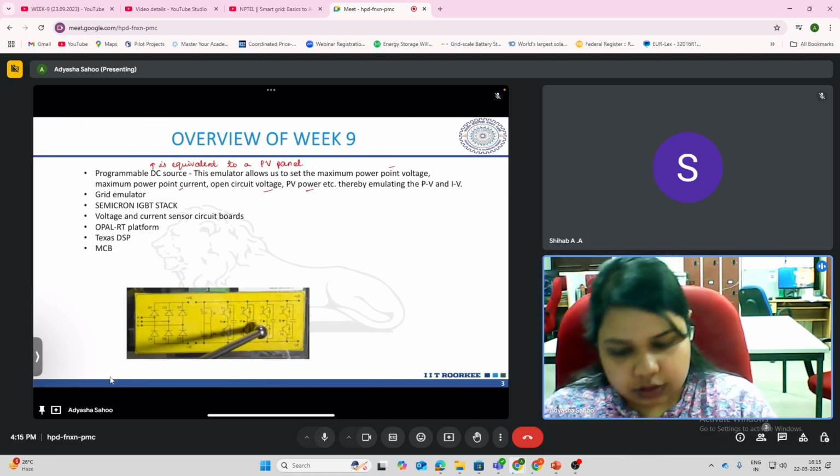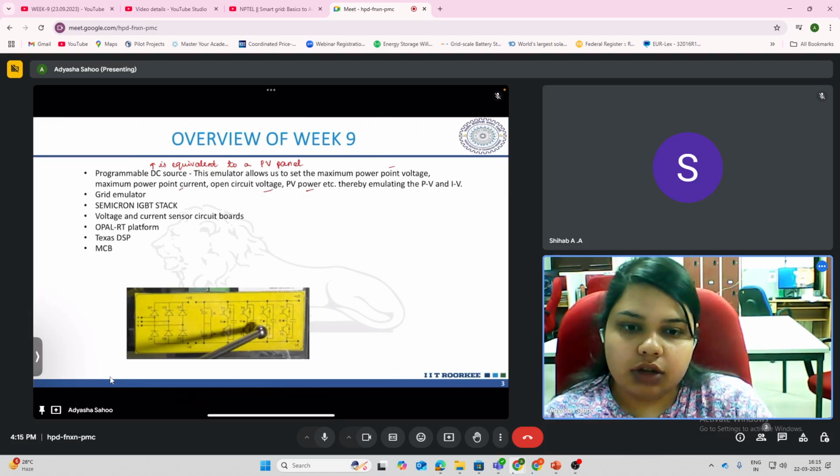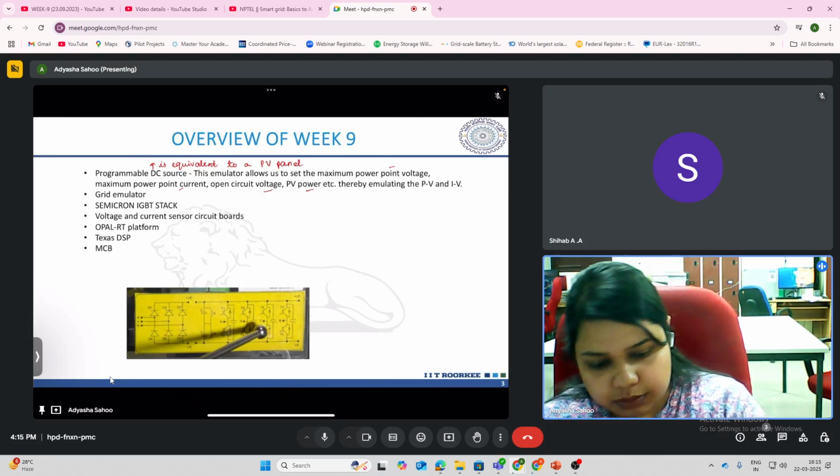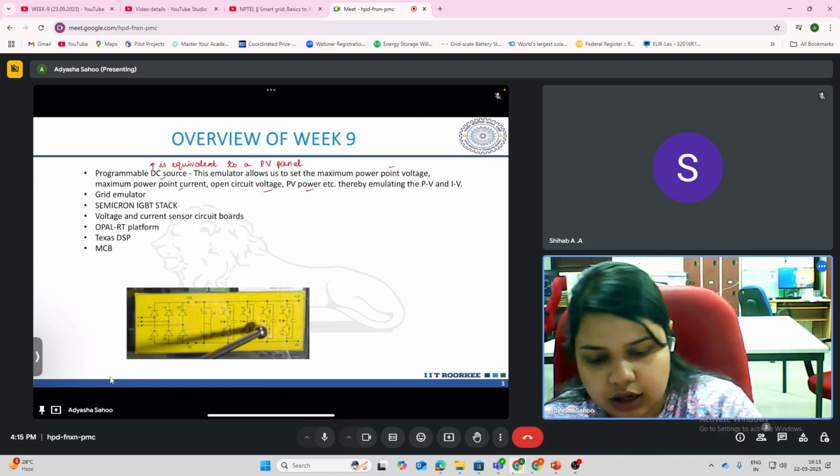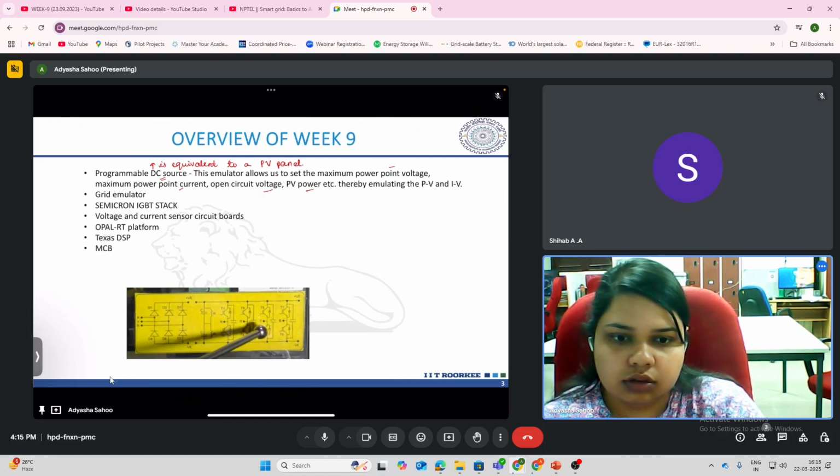for synchronizing it to the grid, because the PV is a DC source, as we said, we need to connect it to a converter, right? And what type of converter should it be?